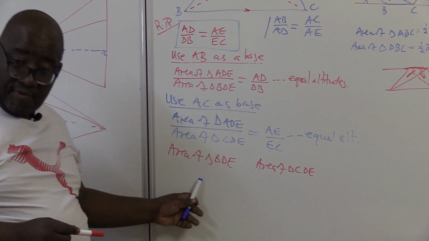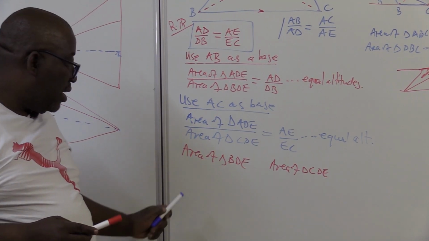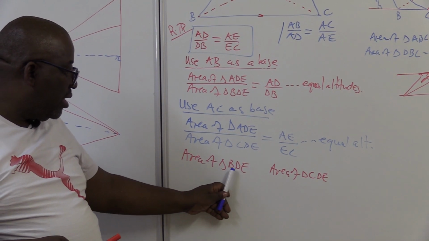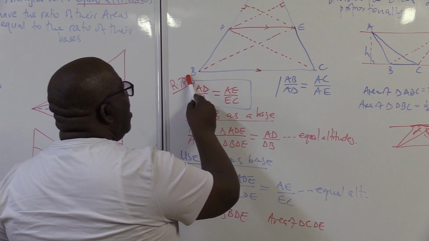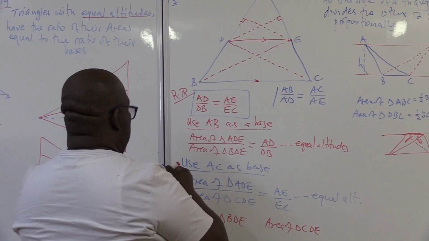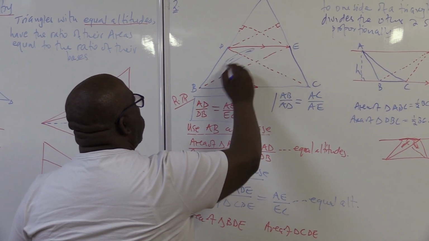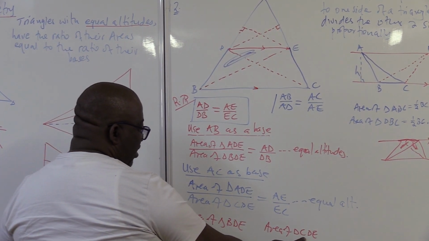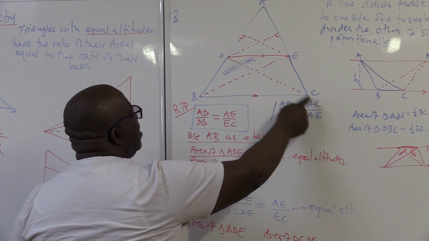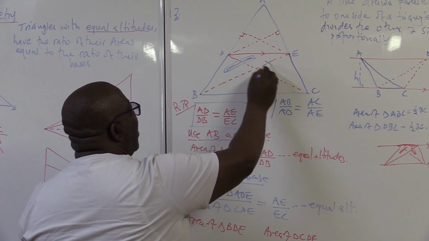Where do we look? We go to the diagram. Let's look at the area of triangle BDE in the diagram. It's this area here. We're comparing it with the area of triangle CDE, this area.